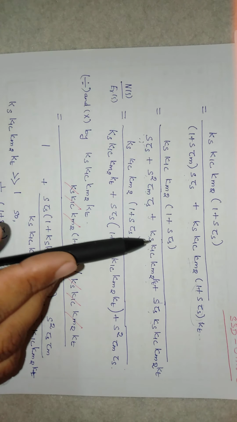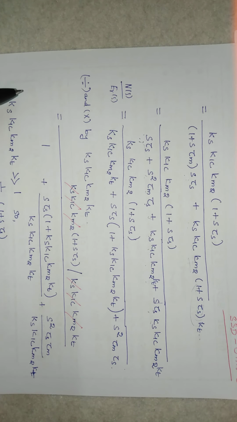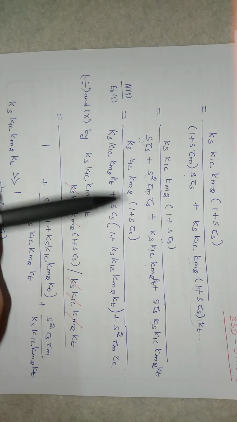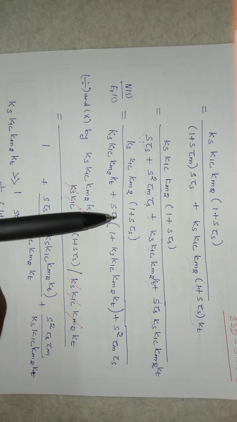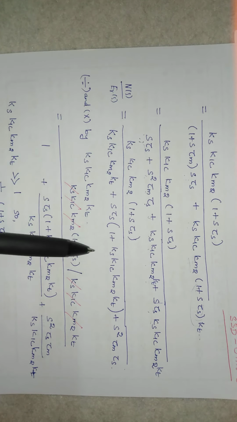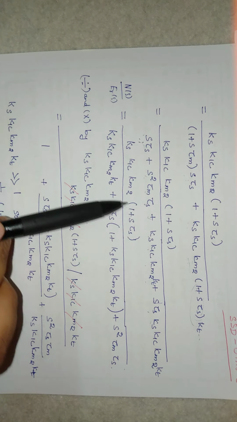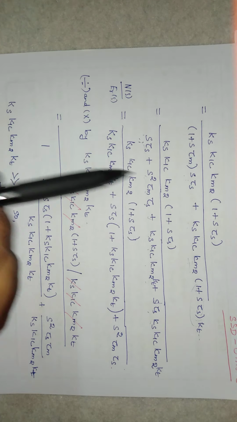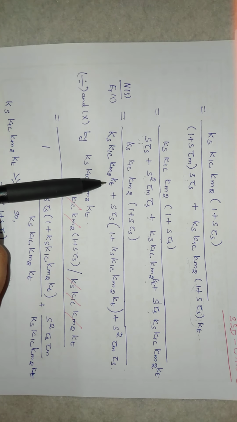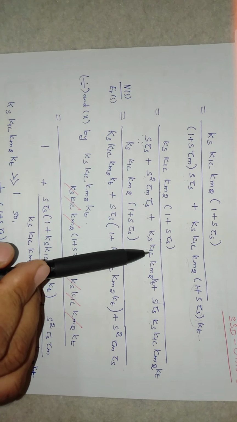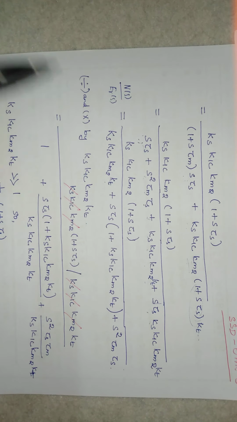We are categorizing it simply, that's it. Just for simplification, we categorize all the s terms into a separate group, the s square term into a separate one, and the constant in a separate one. So now the numerator as it is, and for the denominator first we write the constant term, the non-s term, that is Ks, Kic, Km2 and Kt, plus the s term, this term.